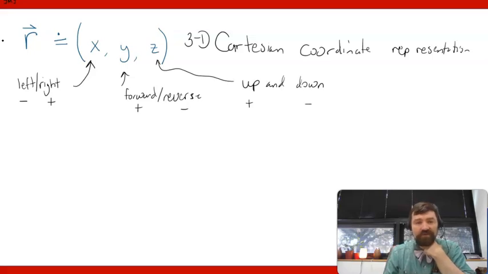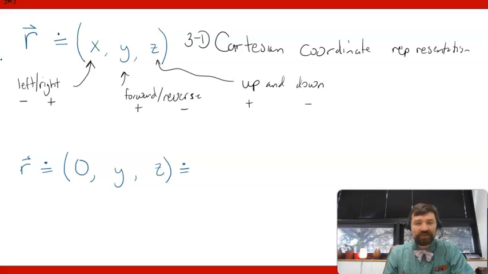There's also a 2D equivalent, which basically has us setting one of our terms to 0. So, for example, maybe we have 0, y, comma, z. And oftentimes we simply abbreviate this to y, comma, z.